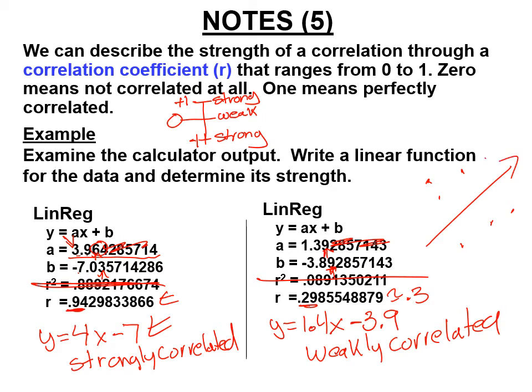So is this line going to be good at predicting the future? Probably not. This line over here that's strongly correlated, is that going to predict future behavior? Probably very well, since so far the data we have is right near the line.